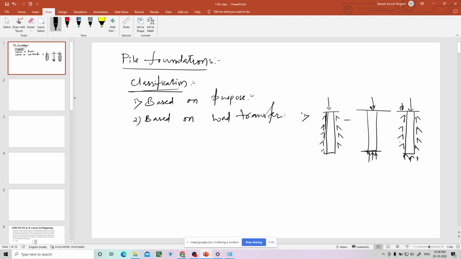Now, can any one of you tell me, when this pile is subjected to vertical uplift instead of vertical downward force, what are the resistance forces? Where will that resistance develop from?